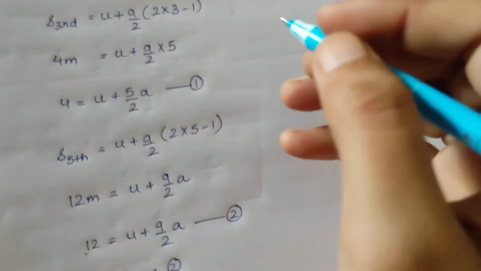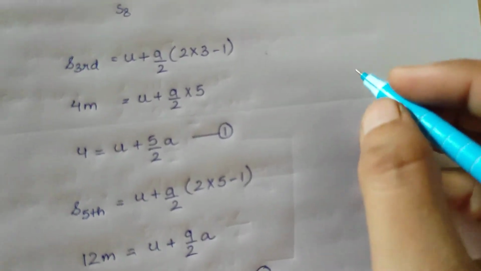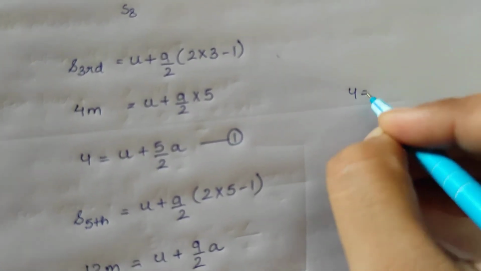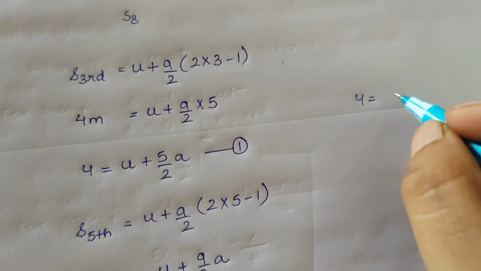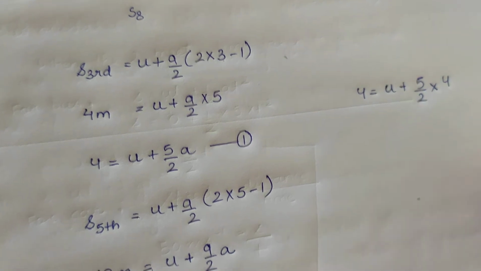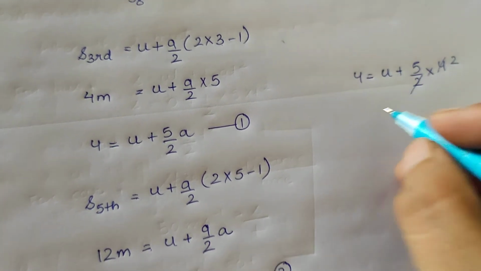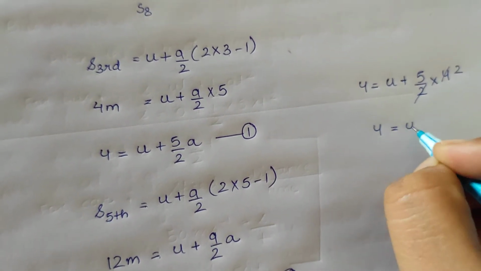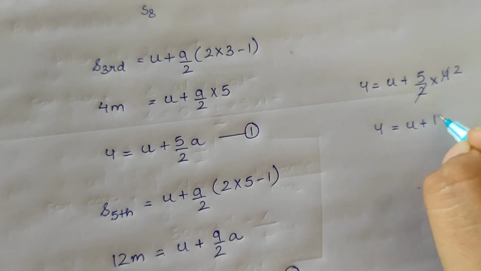Now again by putting this value in equation 1, which is 4 is equal to U plus 5 by 2 into A. A is 4. So solving this we get 4 is equal to U plus 5 2s are 10.